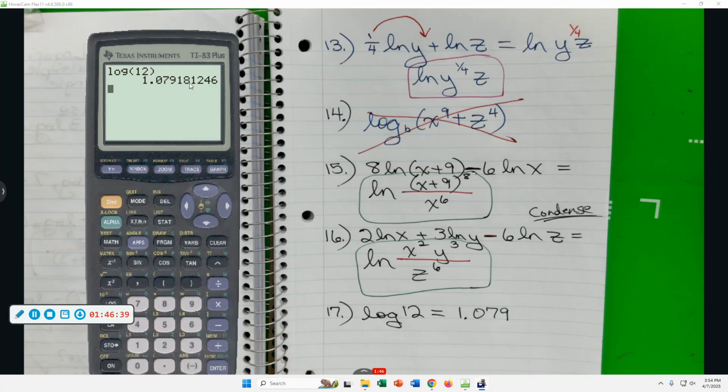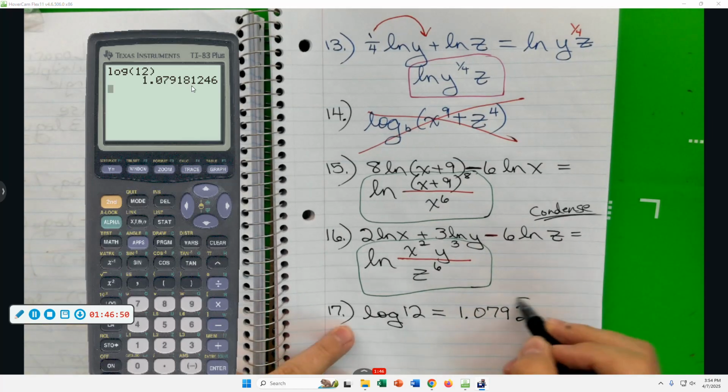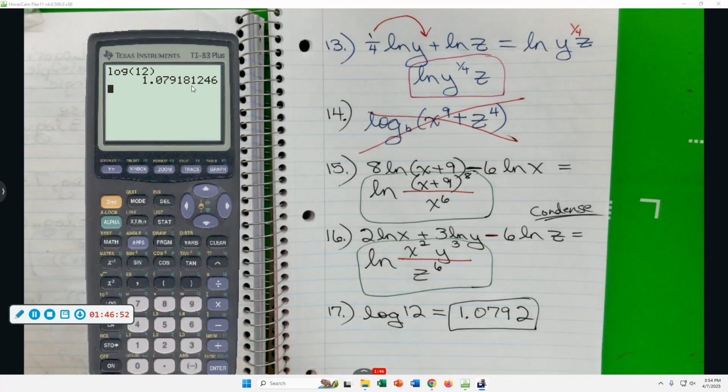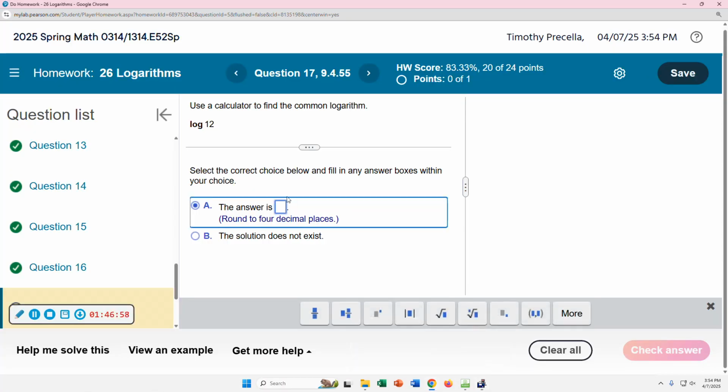If it's a 0 through 4, you just drop those digits. That is an 8, so that 9-1, the 1 is going to be boosted up to a 2. 1.0792. The usual rules of rounding.